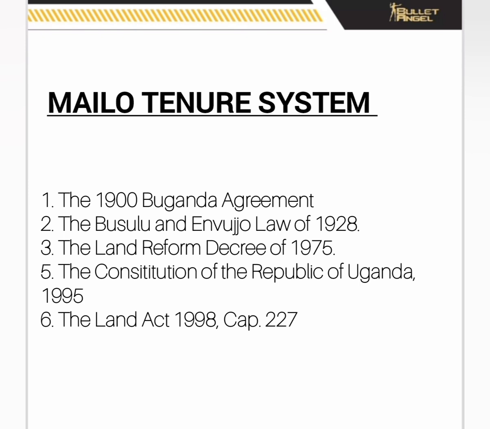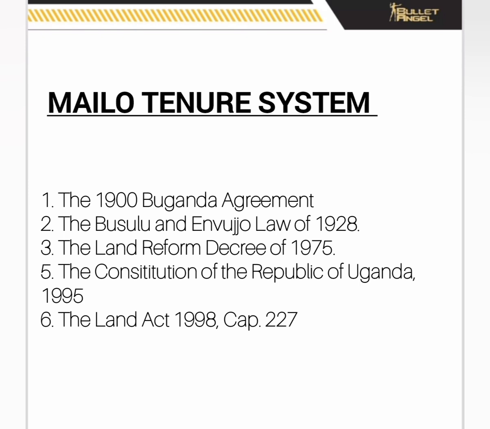Okay. We should note that it's under the Mailo tenure system where we find people with two different interests over this type of land. We see the Kibanja holders and the landholders. Kibanja holders were the peasants who didn't get anything but lived on this land at the mercy of the notables or chiefs who received this land, right?